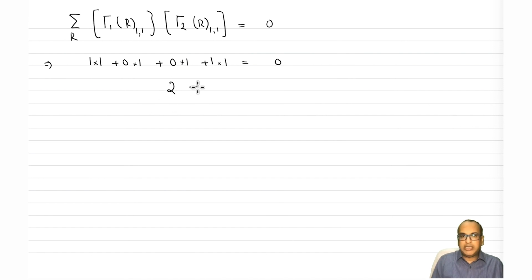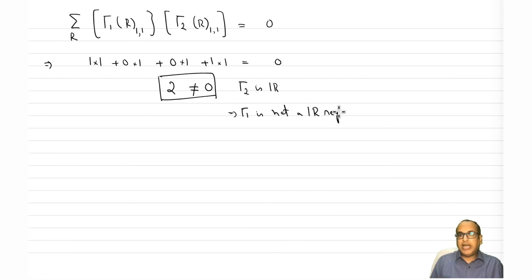However, we are getting 2, which is not equal to 0, right? So since this product is not going to 0, the GOT property is not valid. And we know that tau 2 is an irreducible representation. This implies that tau 1 is not an irreducible representation and can be reduced further.